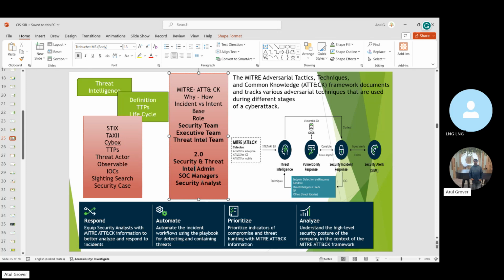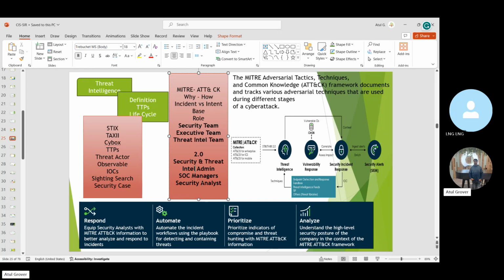The second is the SOC manager. The SOC manager is basically who looks at this data at a high level: how many techniques, how many tactics, how much common knowledge we have in our bucket, and are using. And the last is the security analyst. They are the prime user. If any cyber attack happens, how to use this, what to use, when to use.